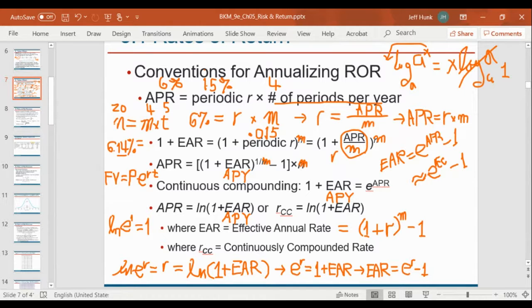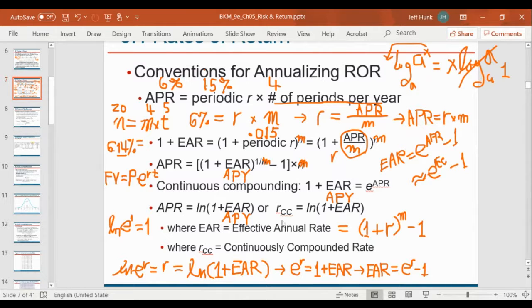Because of that property, the natural log of e raised to r is simply r, which is by definition the natural log of 1 plus the effective annual rate.